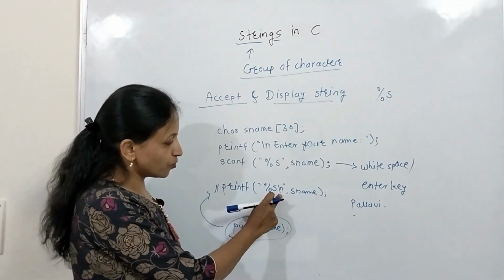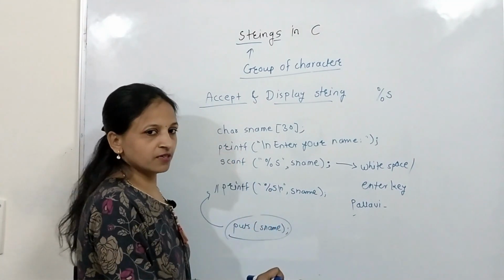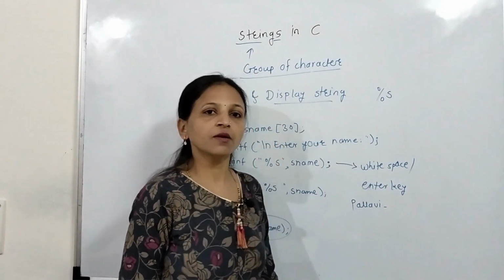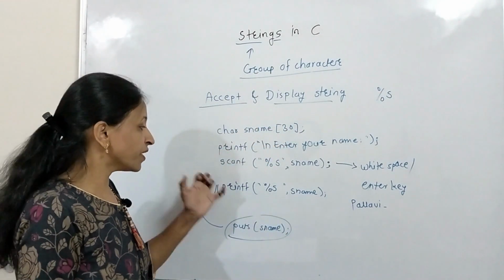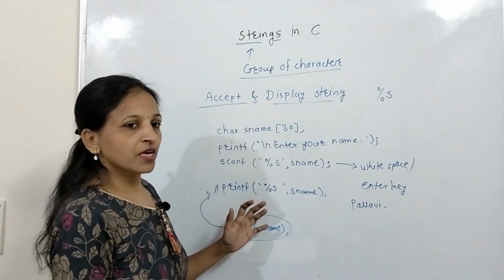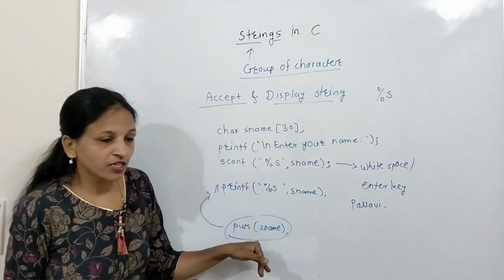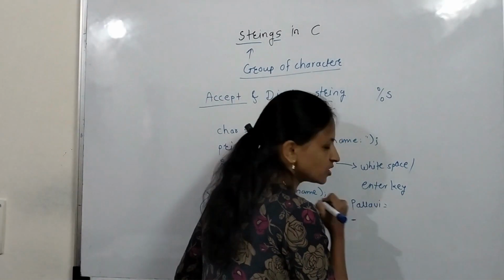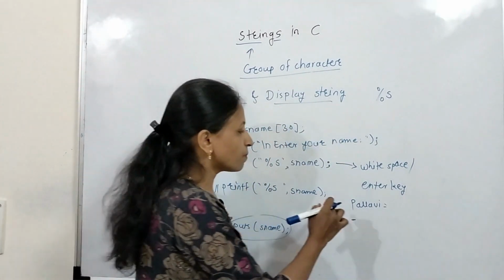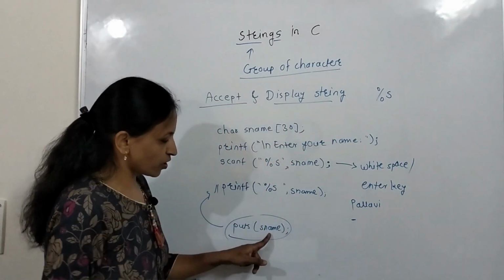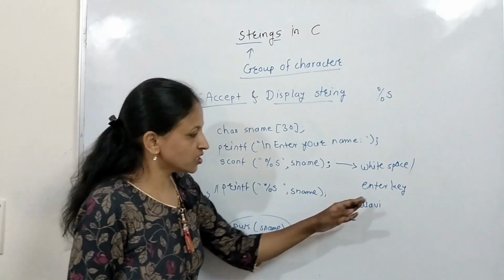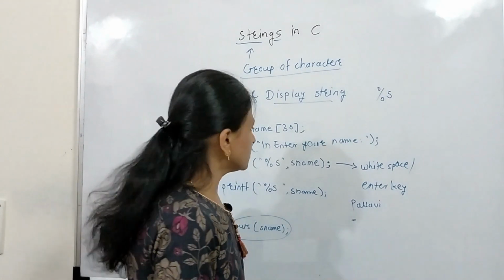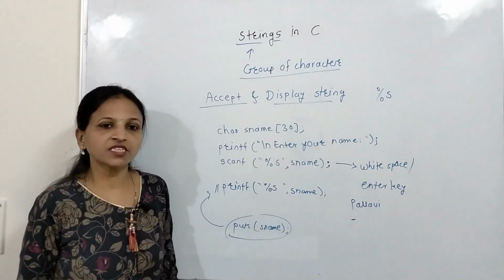You have to put this explicitly, since after displaying s name the cursor remains on the same line if we are using printf. Instead, if we are using puts, then the cursor gets automatically shifted to the new line. After displaying the contents of s name, it automatically shifts the cursor to the new line. This is the concept of how to accept a string and display a string.